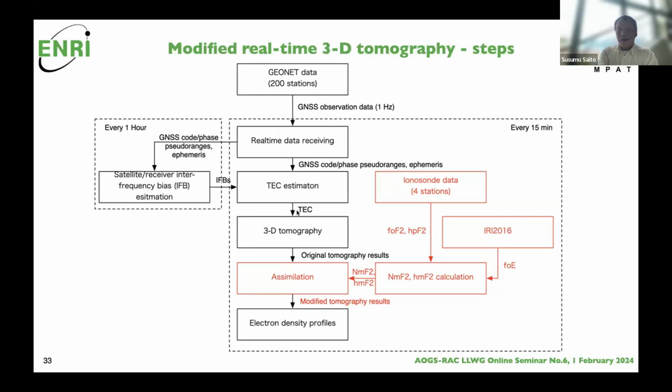And we get the absolute TEC. And then we apply 3D tomography, and we also receive the ionosonde data from NICT in real time. So we use the auto-scaled ionogram parameters. And finally, we get the electron density profile.